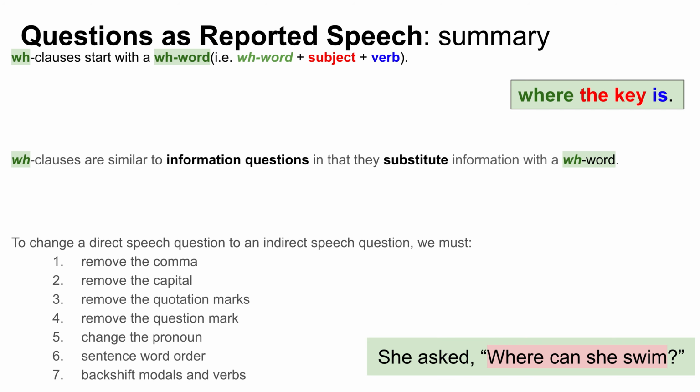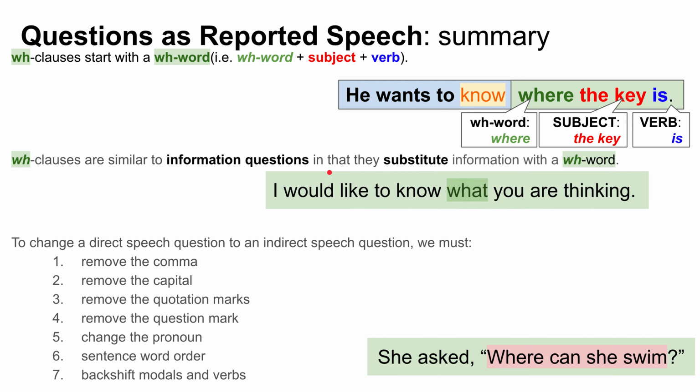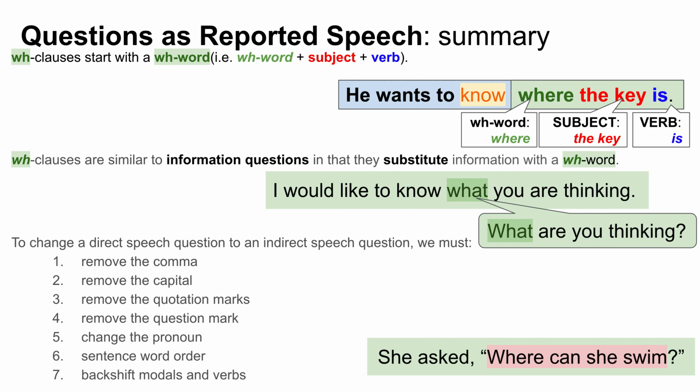Okay, so quick summary. WH clauses start with a WH word. So where is the key, he wants to know where: WH word, the key, subject is, verb. WH clauses are similar to information questions in that they substitute information with a word. So I would like to know what you are thinking. What are you thinking? That's an information question.